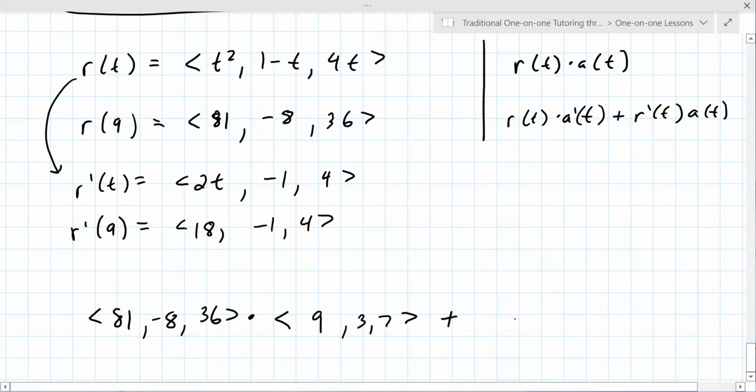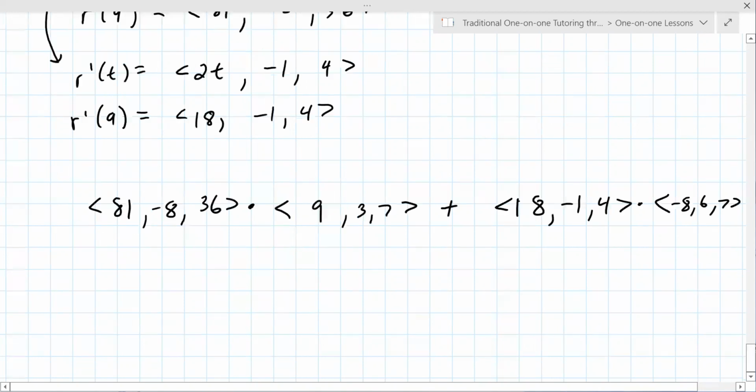Then you add the dot product of this derivative, 18, minus 1, comma 4, dotted with a of t, which is given as minus 8, comma 6, comma 7. If you don't want to do this, you just have to show the work.